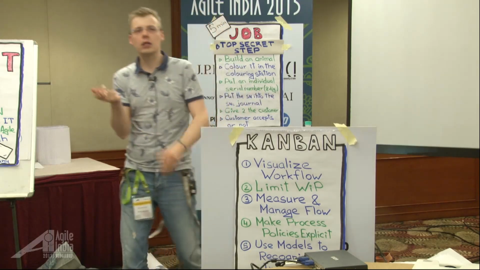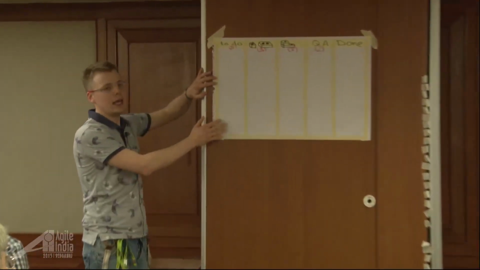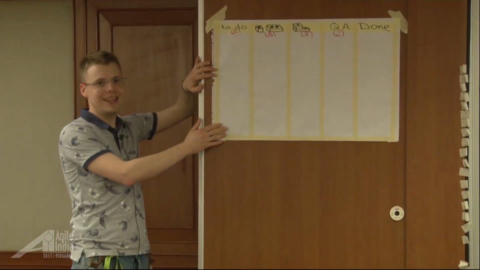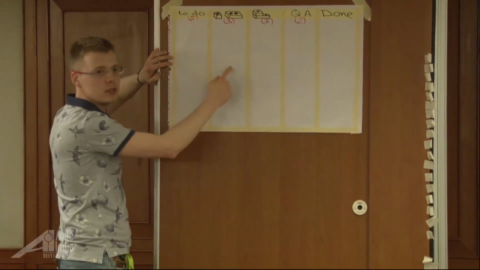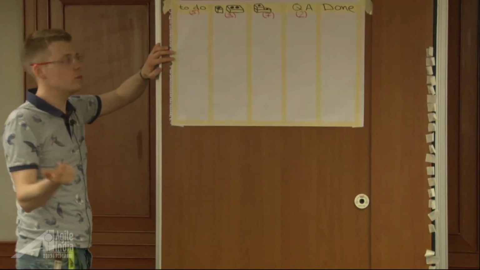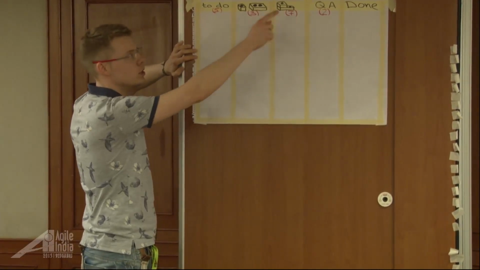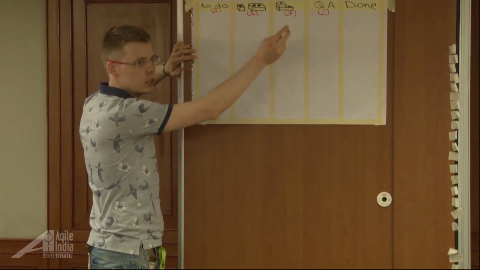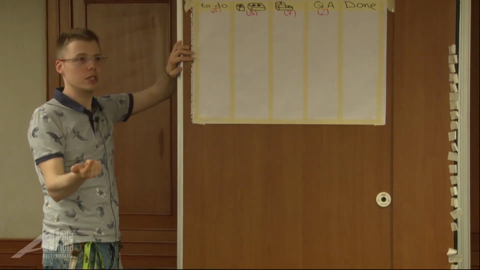Okay? How it looks really on paper. This is a typical Kanban board. So first, this is a visualized workflow. You see steps. That's first. Second, limiting work in progress. You see those red numbers. So it's not possible to put more than 7 work items into this step. Third one, process policies.